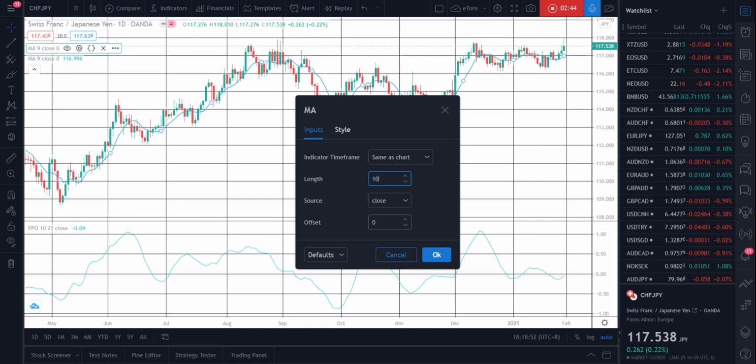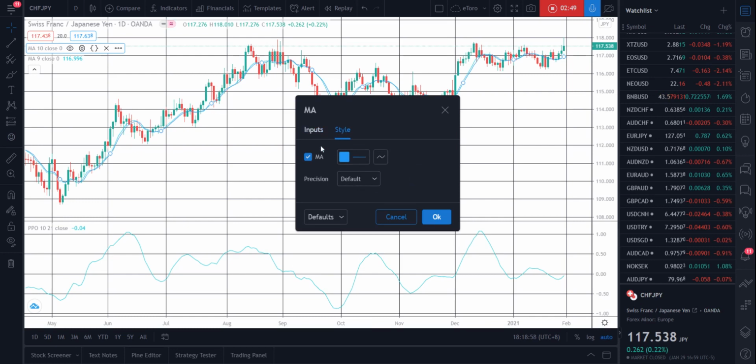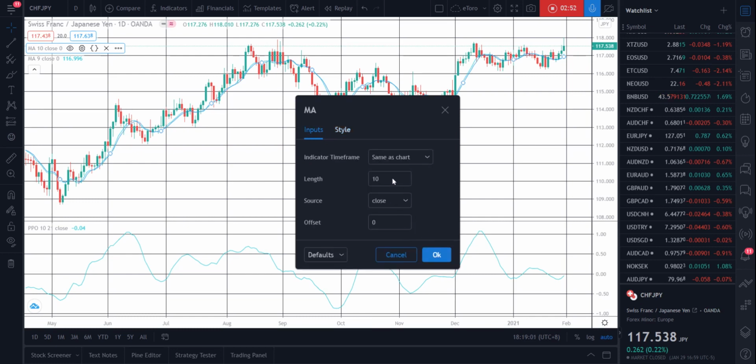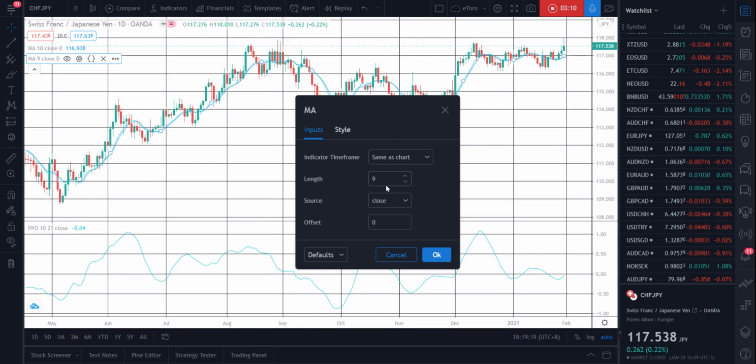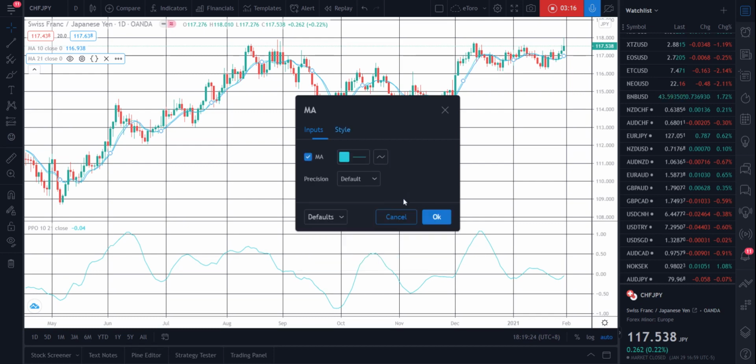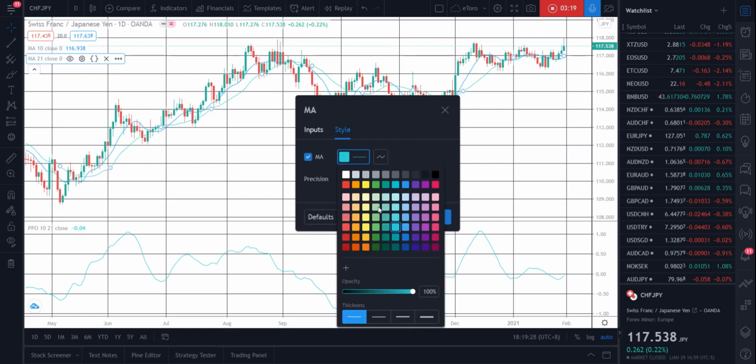Color blue, it's okay, and the style is fine. I'm just changing the length of the indicator. Second one, for the price oscillator, we set at 21, so I'm setting this again at 21, and I'm just changing the color because it's similar. Better. Okay.